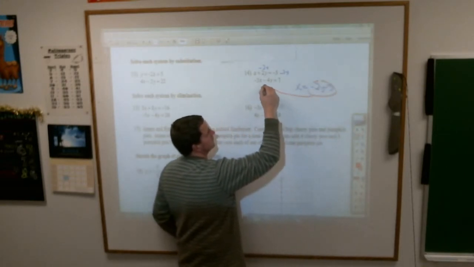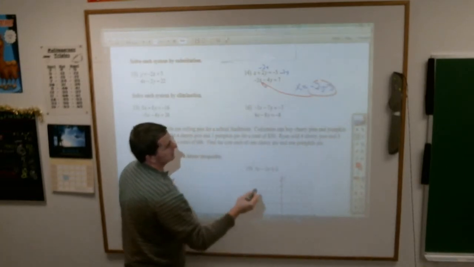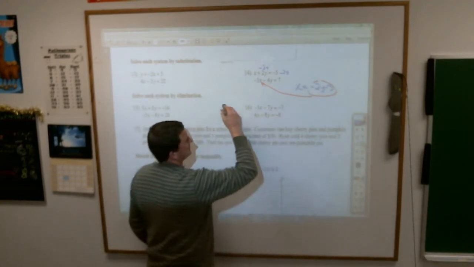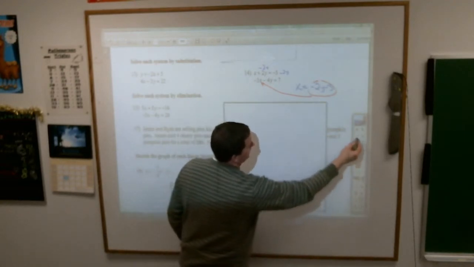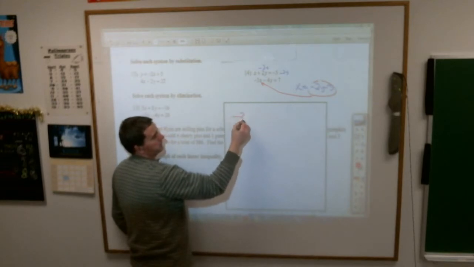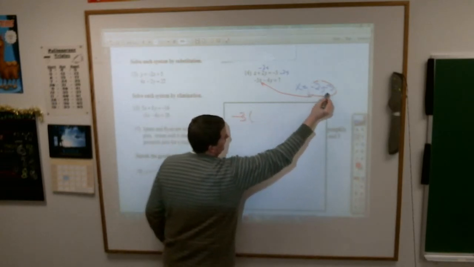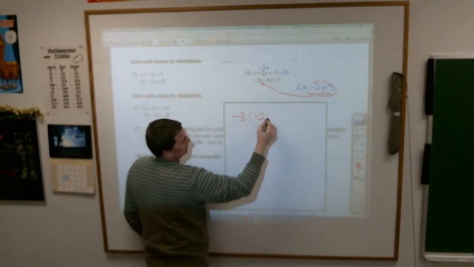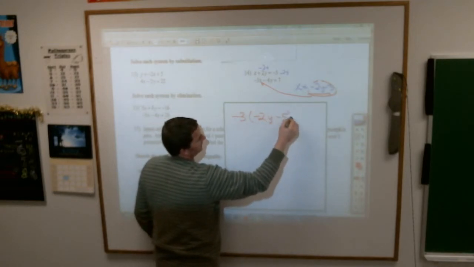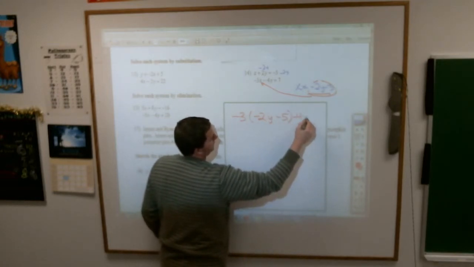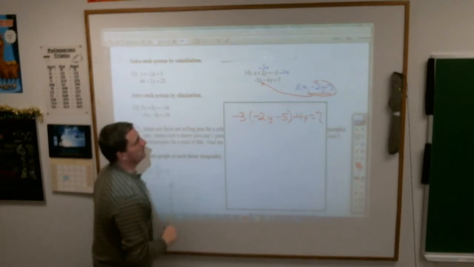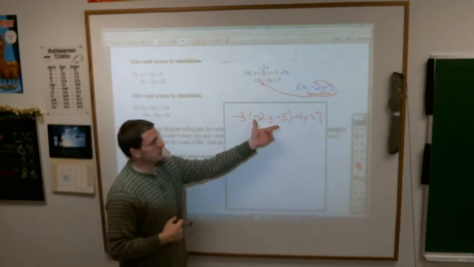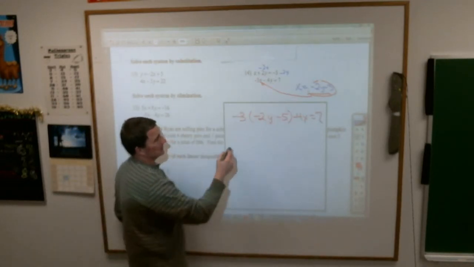You take that x and put it in for x right there. I wouldn't try to do this on this little piece of paper that we have right here. So it's negative 3 times what x is, which is this, negative 2y minus 5, minus 4y equals 7. Are you with me? Just stuck this in for x right there, the rest of it stays the same.